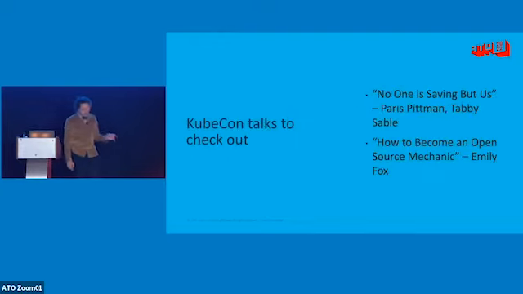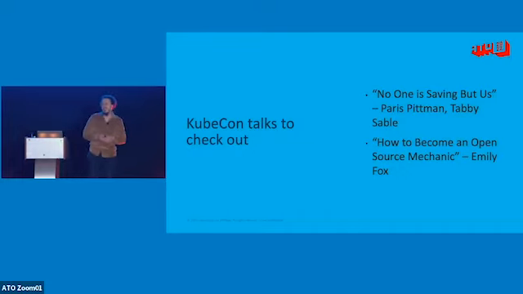So I think, just coming here from KubeCon, two of the talks that I wanted to highlight from friends: No One Is Saving Us But Us, from Paris Pittman and Tabby Sable, and How to Become an Open Source Mechanic from Emily Fox. I found that a lot of the time that I spent at KubeCon this time around was around things that have kind of fallen into the ocean.